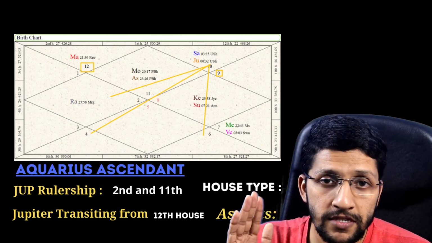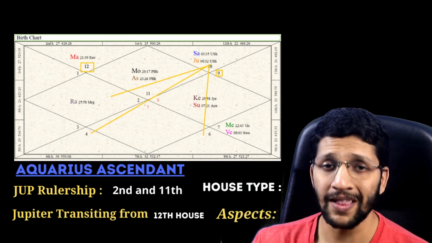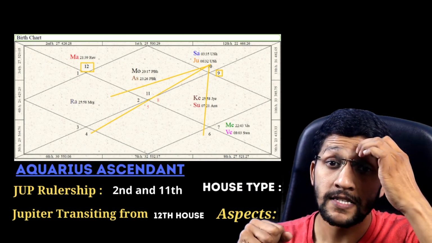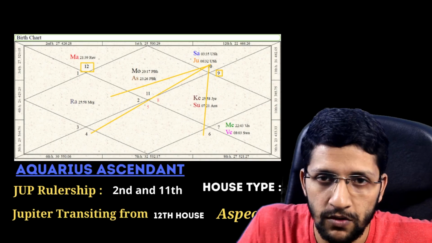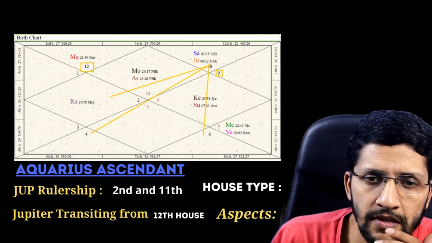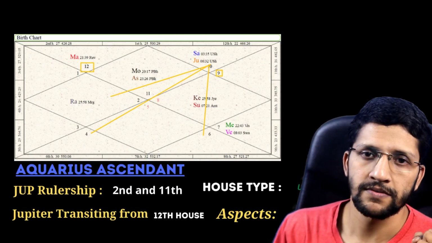Amazing. 2nd house is the house of finance, 11th house is the house of gains and finance as well. Now, Jupiter is ruling two of the finance houses for Aquarius Ascendant and is placed in the 12th house of loss, spirituality and foreign things.